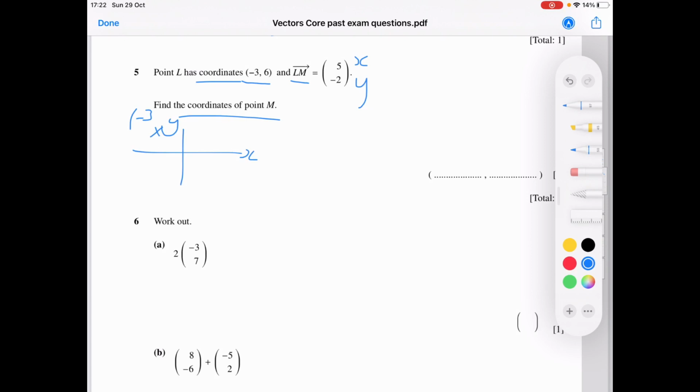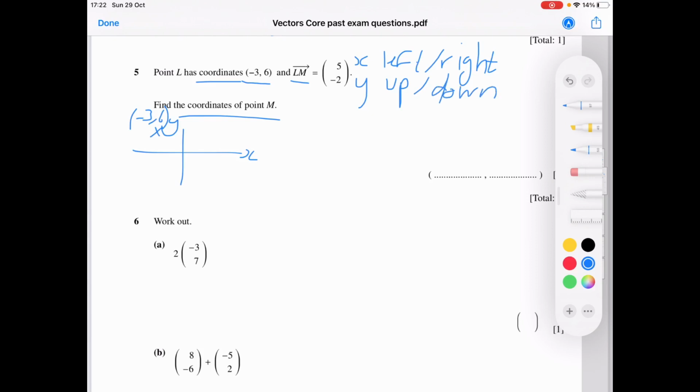And our vector is telling us the direction in which this point is going, what direction the line would be going. So x obviously tells me whether it goes left or right, and my y tells me whether it goes up or down.